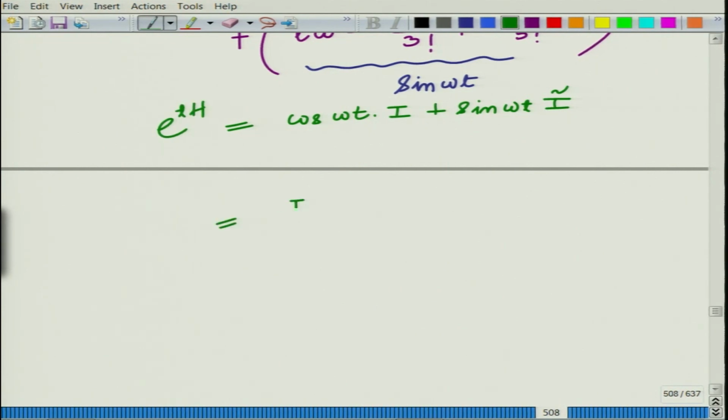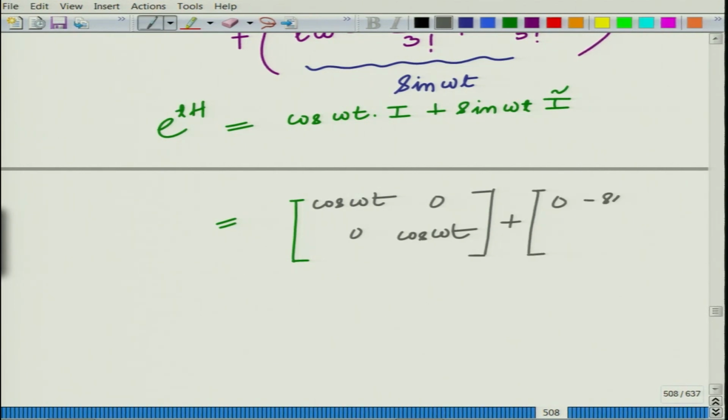Essentially you get cosine omega t times I, plus sin omega t times I tilde.